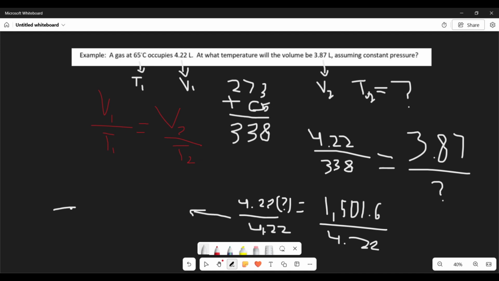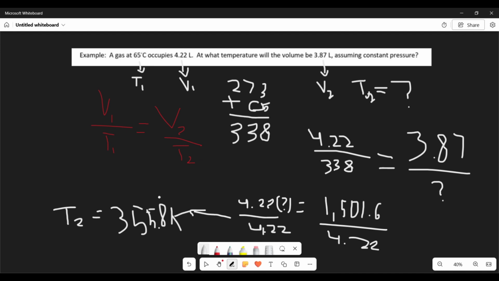So that means that T2 is equal to, let's put this into a calculator first, 1,501.6 divided by 4.22, and that's 355.8 in, I believe, temperature, so it's in kelvins.